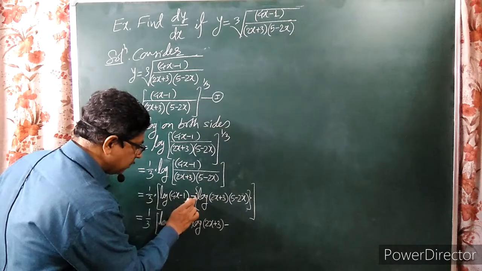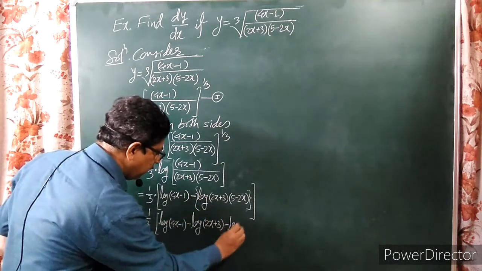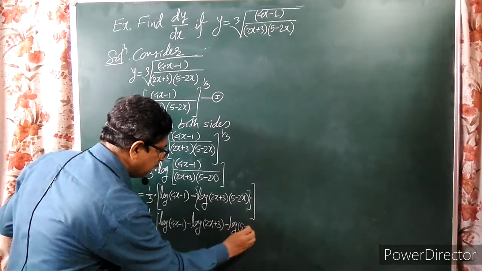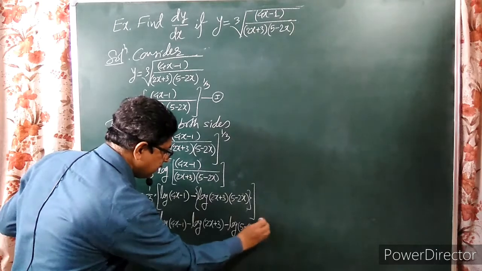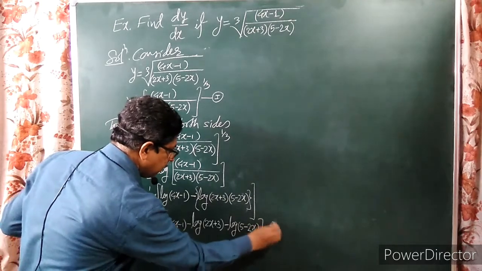Now because of this minus sign outside the bracket, we'll get as log of 5 minus 2x. I will call this as second.